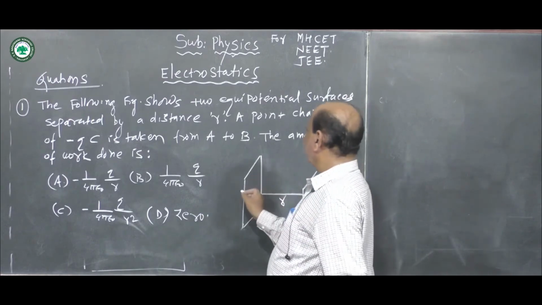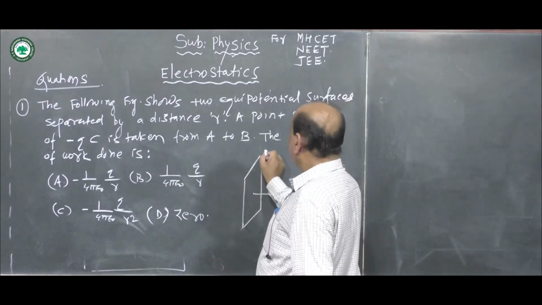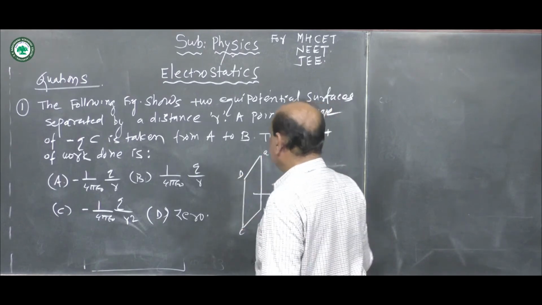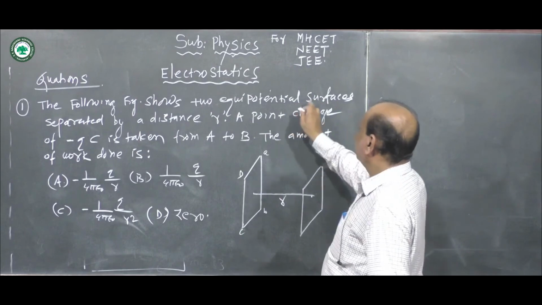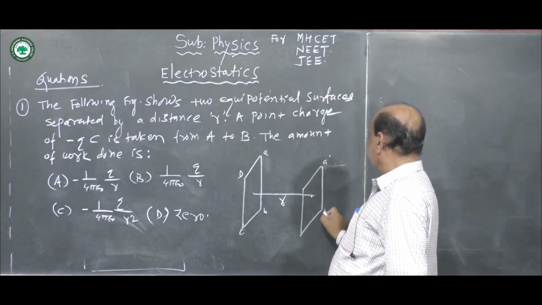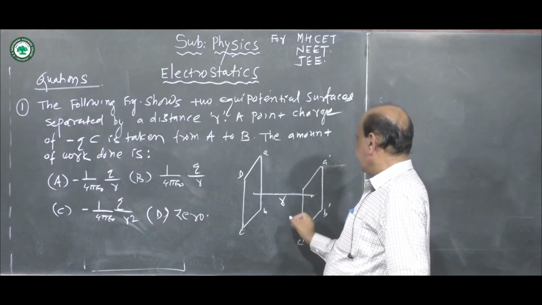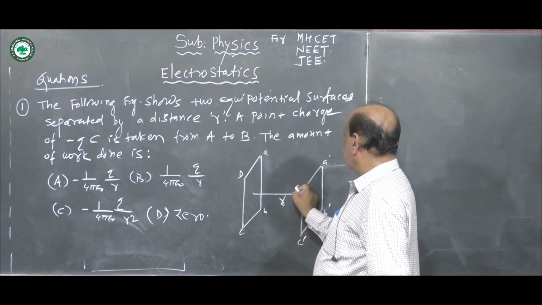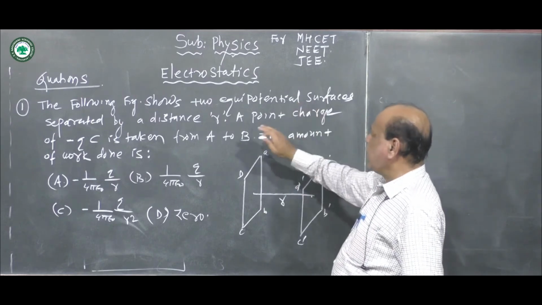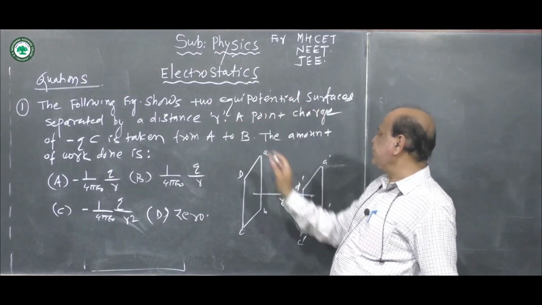Suppose these are the two surfaces A, B, C, D and A dash, B dash, C dash and D dash. Now these two surfaces are separated by distance r.